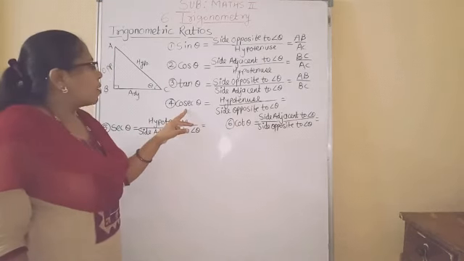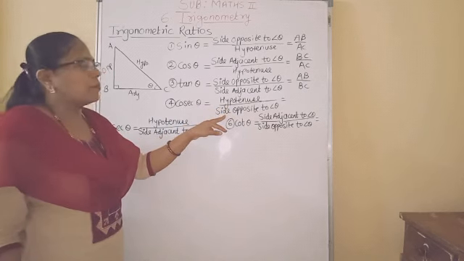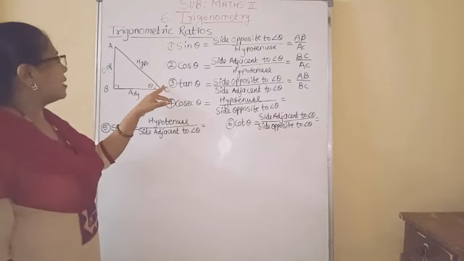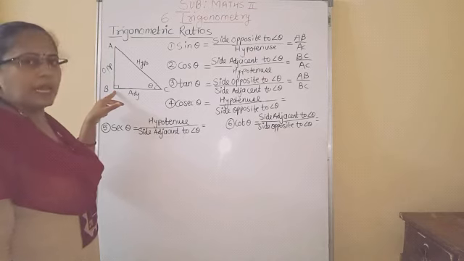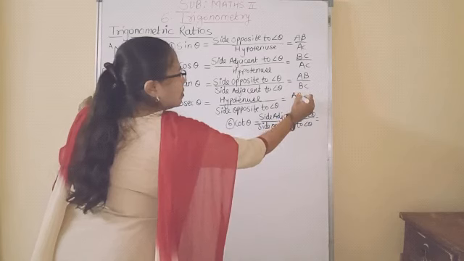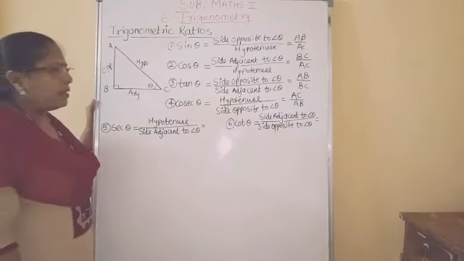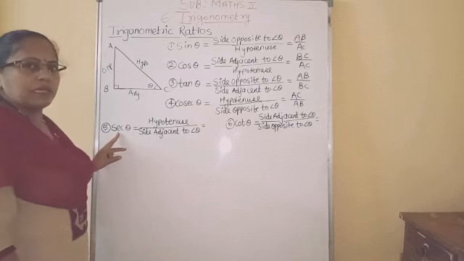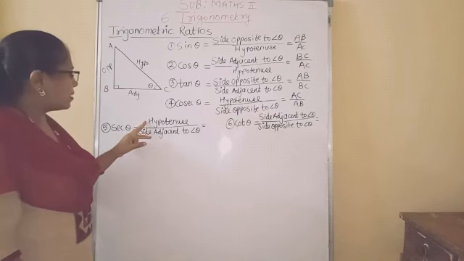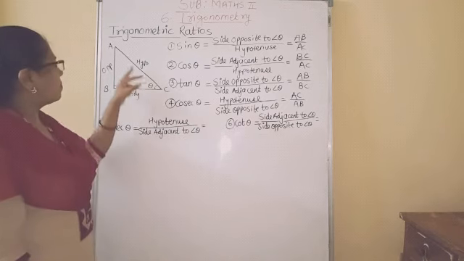The formula for cosec theta is hypotenuse upon side opposite to angle theta. The hypotenuse is AC and the opposite side is AB, so cosec theta is AC upon AB. The fifth ratio is sec theta. The formula is hypotenuse upon side adjacent to angle theta.